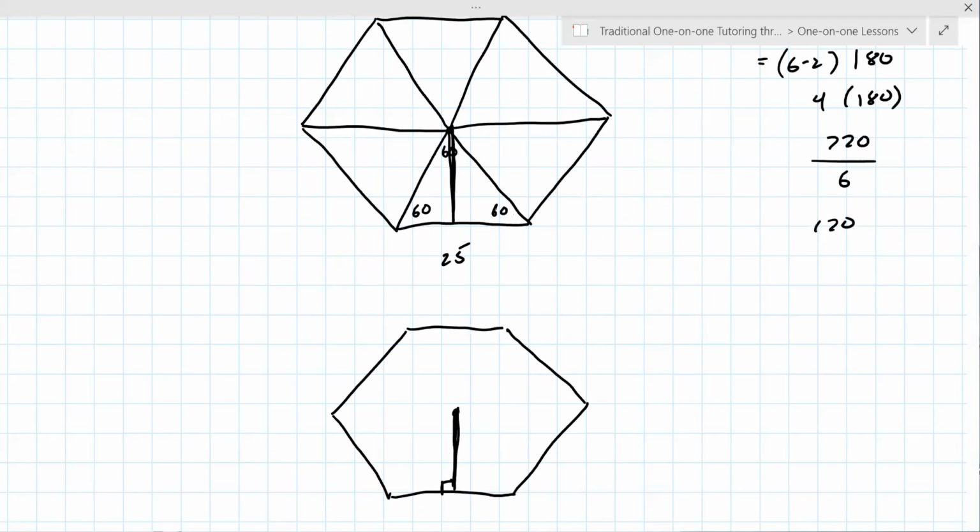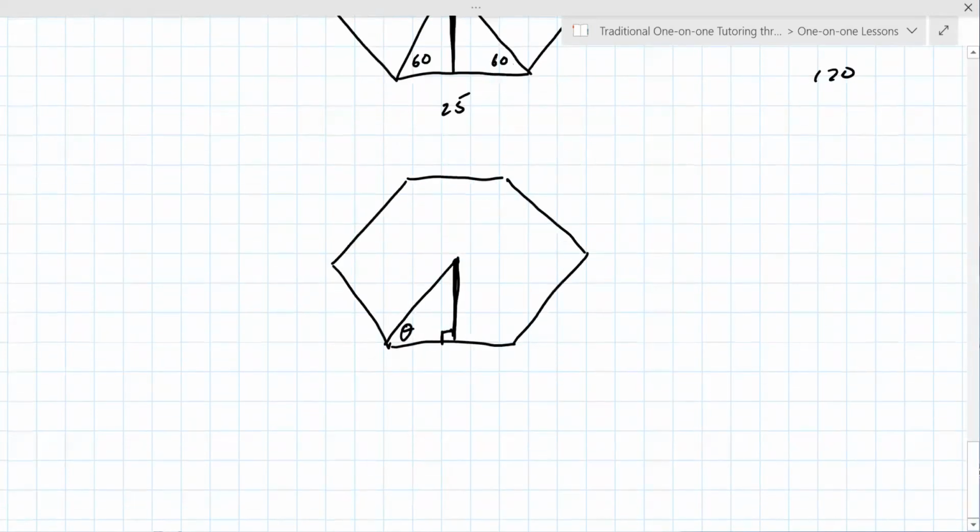So for example, let's say you had this angle right here, and you knew that this whole side length was x. So that means that this right here is x over 2. So in your triangle you have theta and x over 2.